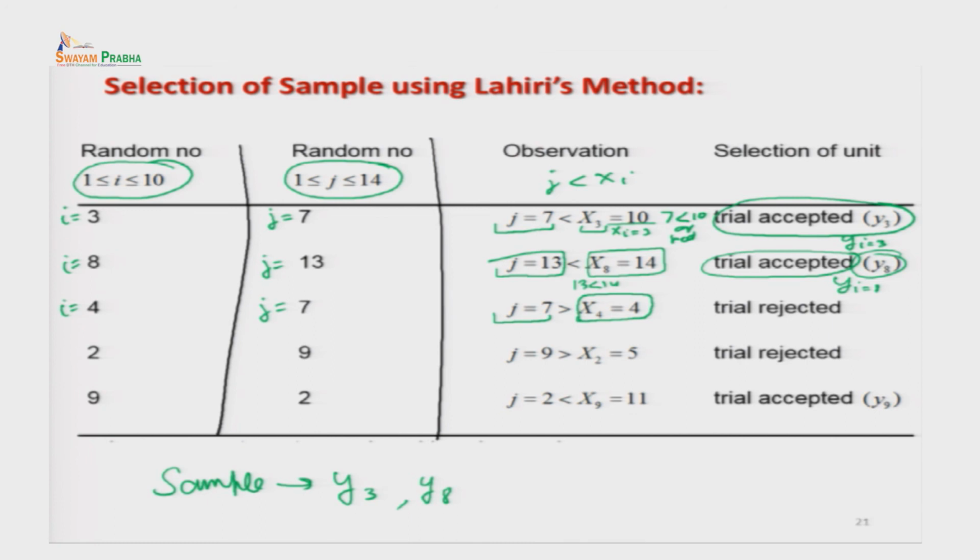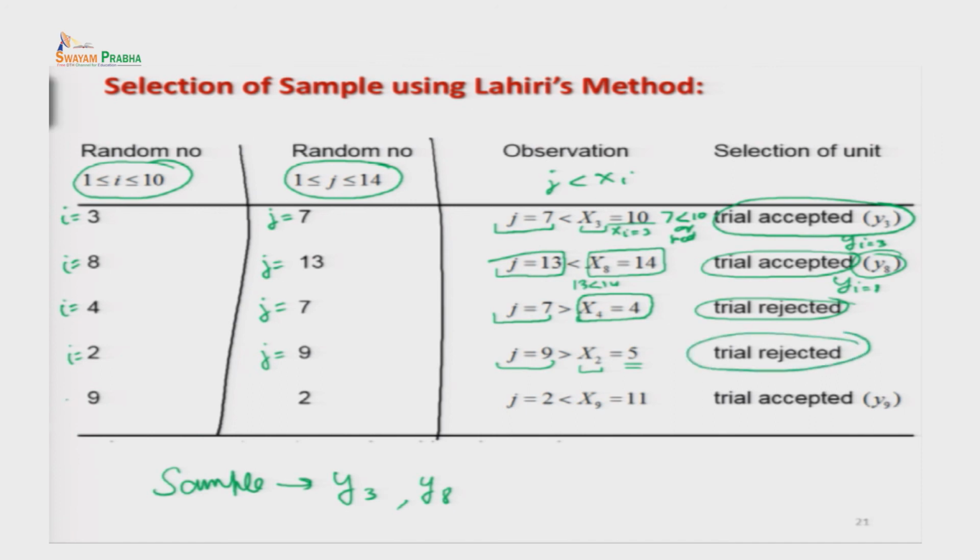No. So this trial is rejected, and this pair of numbers does not give you anything. Similarly, if you take i equal to 2 and j equal to 9, you will see that j equal to 9 and x2 has the value 5. Is this condition true? No, so this trial is also rejected.